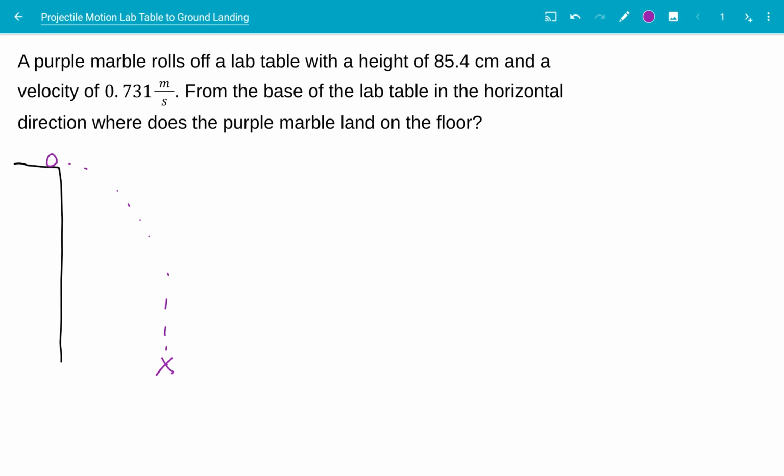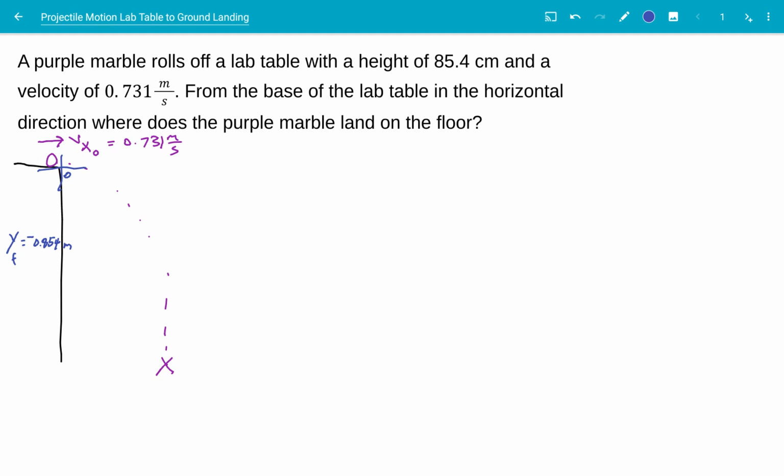There's a couple things we do know. We know that the velocity initial in the x direction is 0.731 meters per second. We also know if we put a coordinate plane and started at 0 at the top of the table, then y final is going to be negative the height of the table, 0.854 meters.